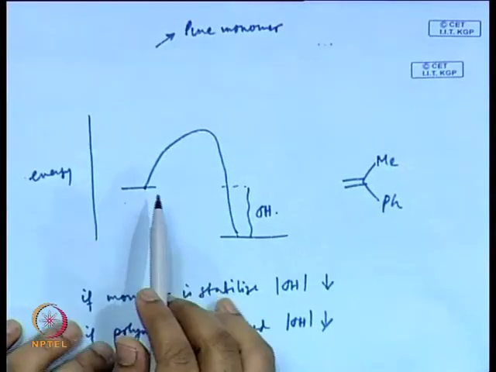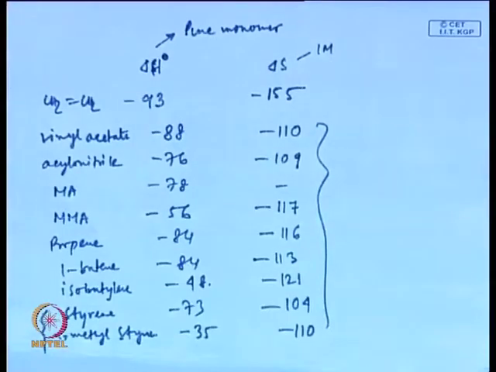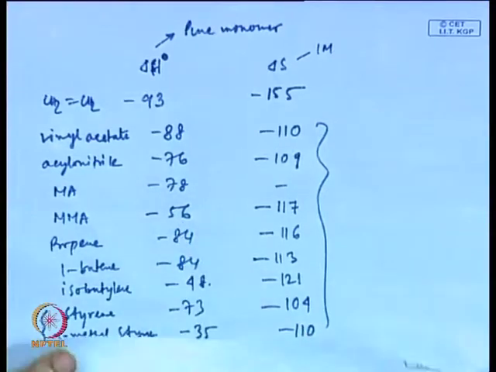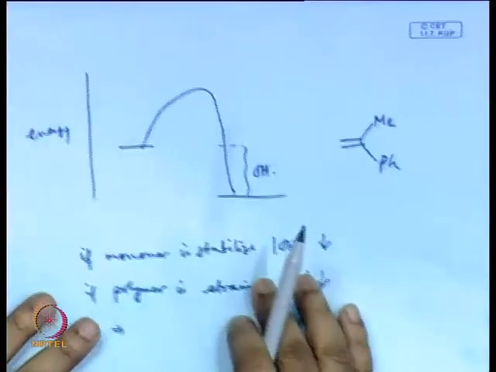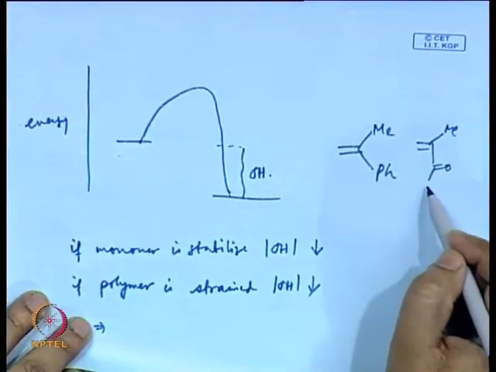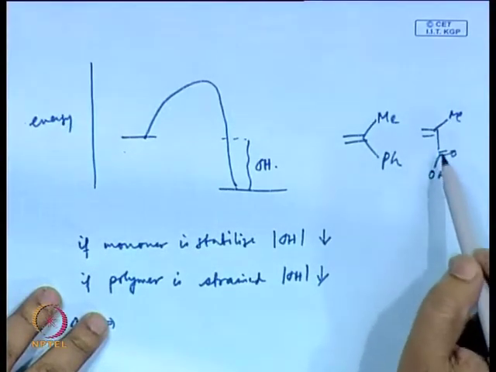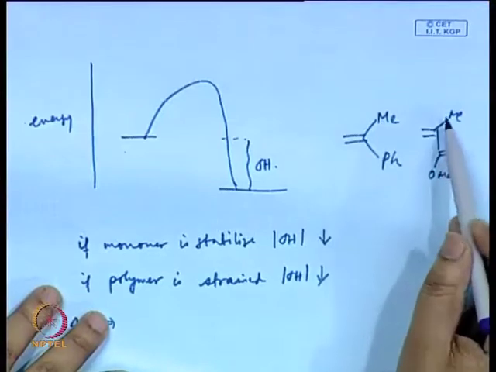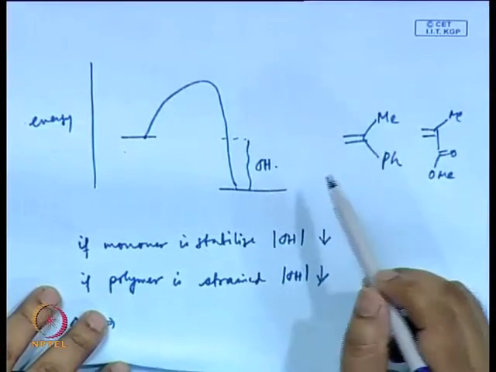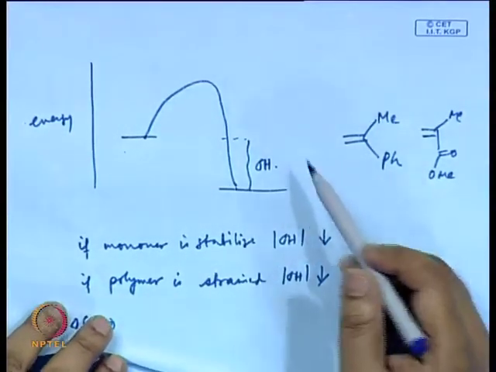The monomer stability is more or less same between styrene and alpha methyl styrene. Similar case for MMA. MMA also a 1,1 substituted, and same logic can apply here, because these are resulting in a strained polymer. The magnitude of the DelH comes down.